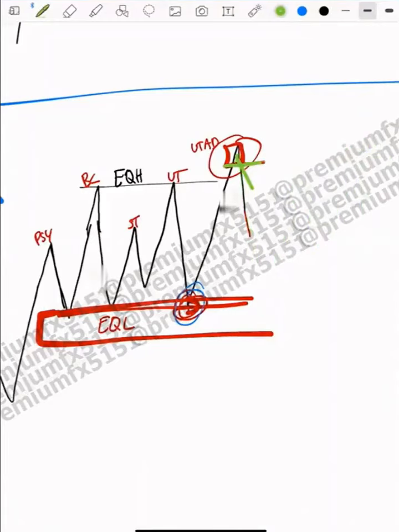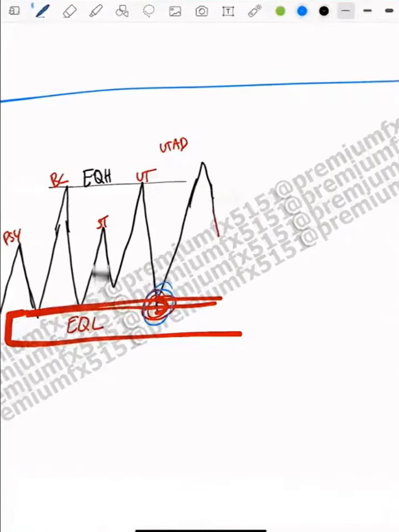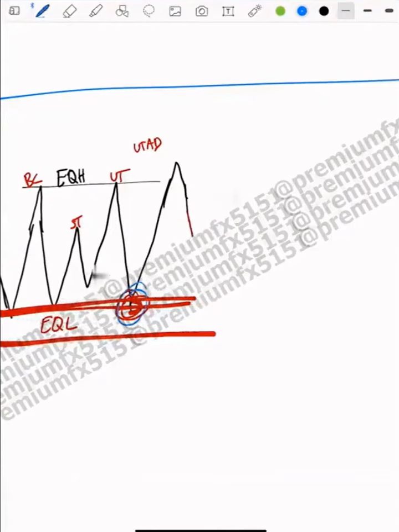Right now, we do not have enough conclusive information. Okay. Now, moving forward, we need to discuss what would negate my distribution and indicate to me we have started to reaccumulate.